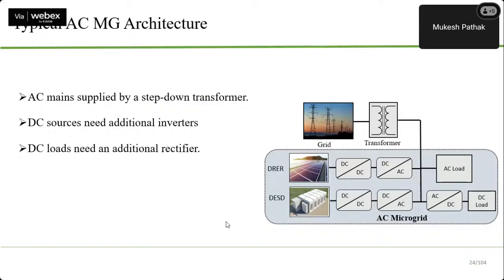So typically, where can you place this solid state transformer? If we talk about AC microgrid architecture, it looks like this. You have the main grid, a transformer, and then you have this microgrid here, which is connected to battery energy storage and to the renewable sources through converters, and you have AC load and DC load.